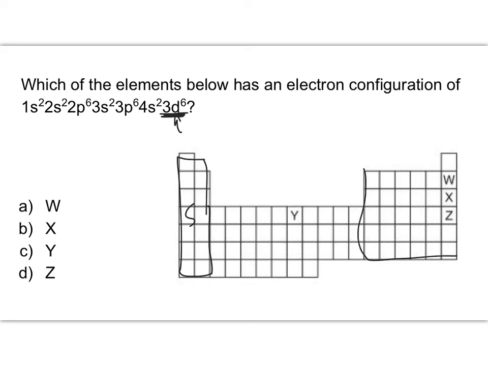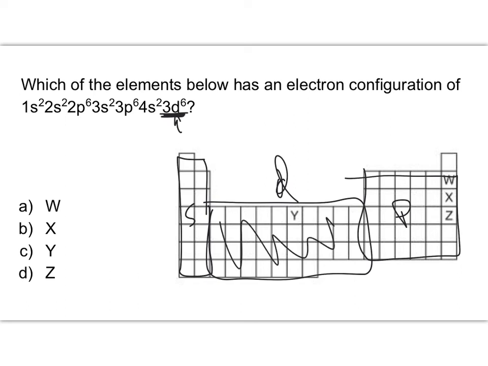This section over here is called the P block, and the section in the middle is called the D block. And it's called the D block because all the elements in this section have configurations ending in D. So that by itself would probably tell you that the only option here is Y, the letter Y.